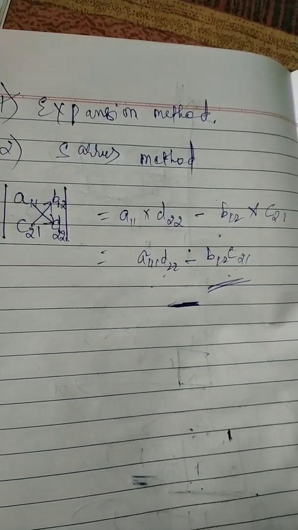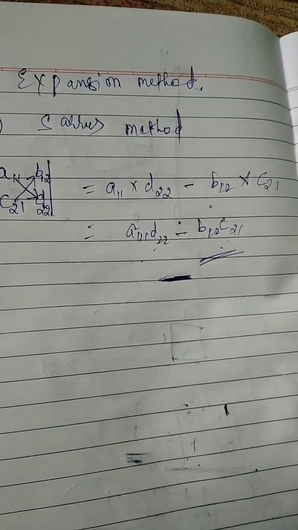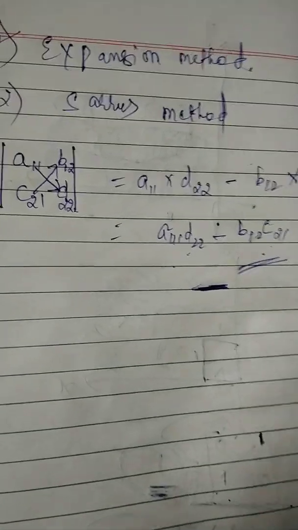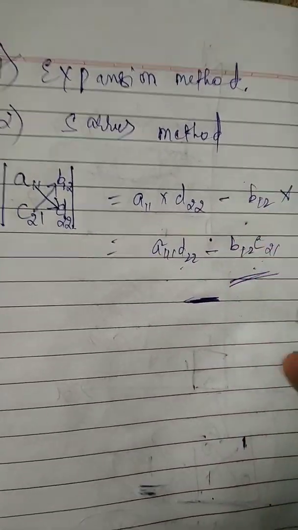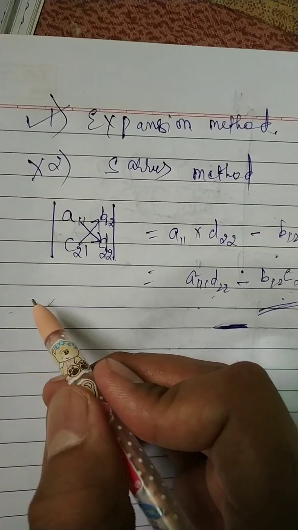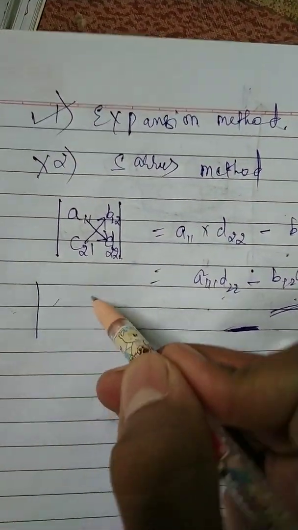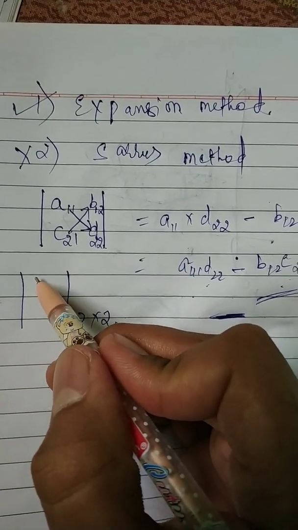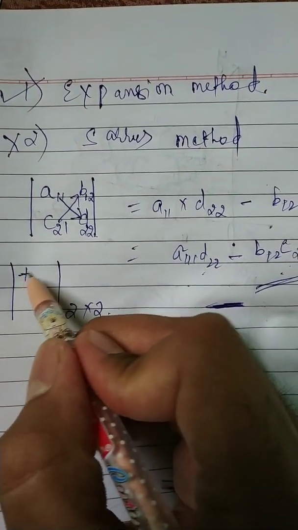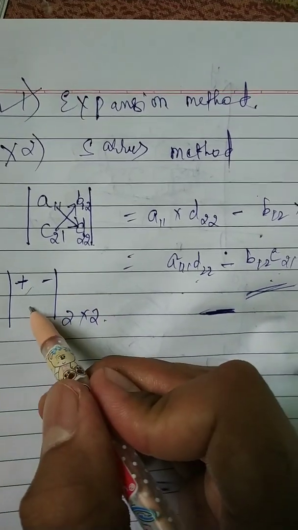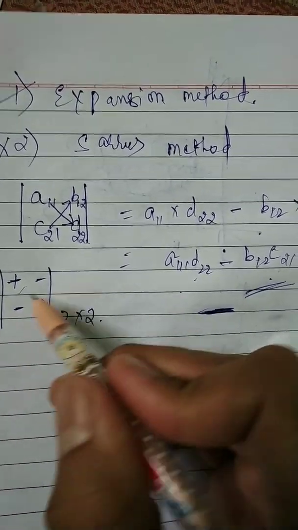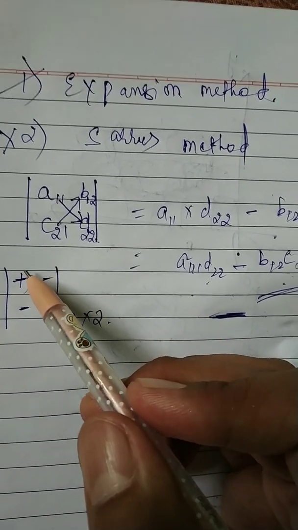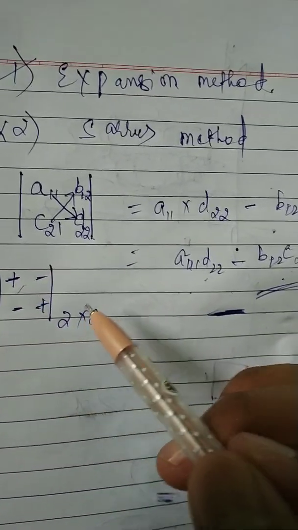Before we get into the example, let me tell you how we got this minus here. There is some nature of the matrix. If it is a 2 cross 2 matrix, the elements have their own signs: plus, minus, minus, plus. This is the actual sign which each value holds in the determinant.